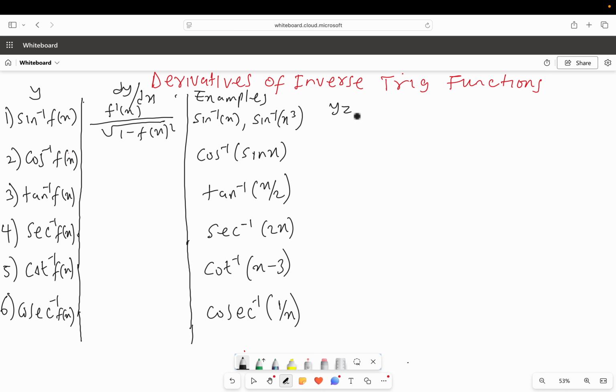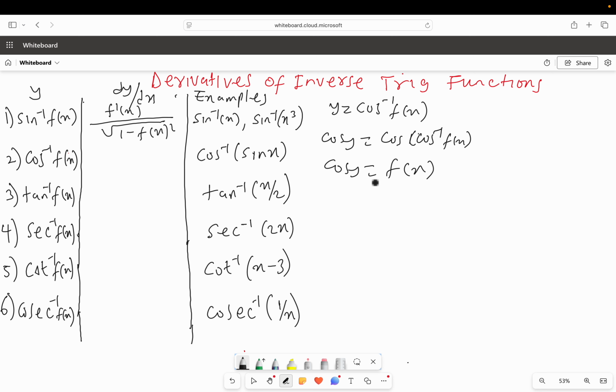So y is equal to cos inverse of f of x. So if I take the cos of both sides, I will have cos y is just cos of cos inverse of f of x, so it will just be cos y is just f of x.